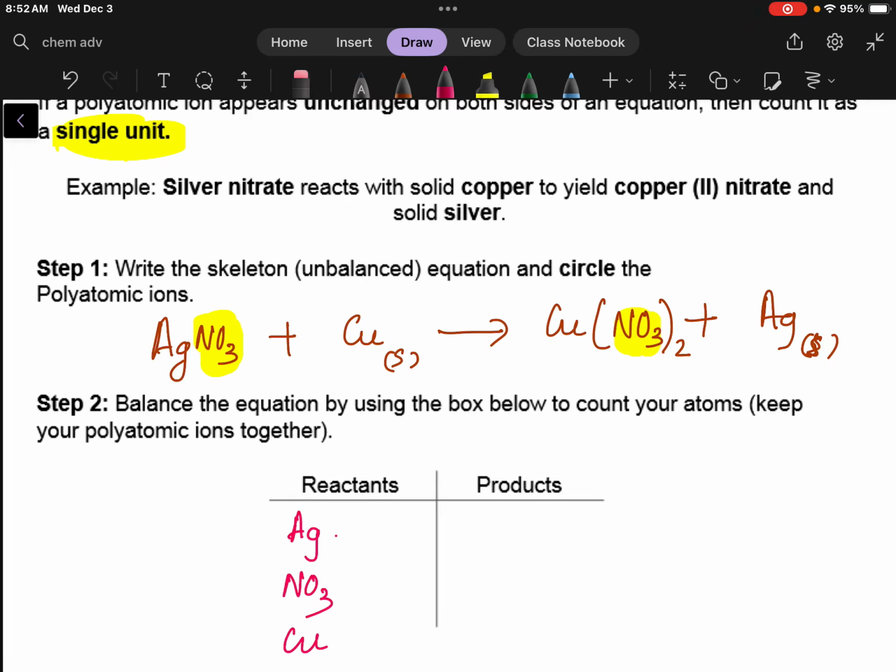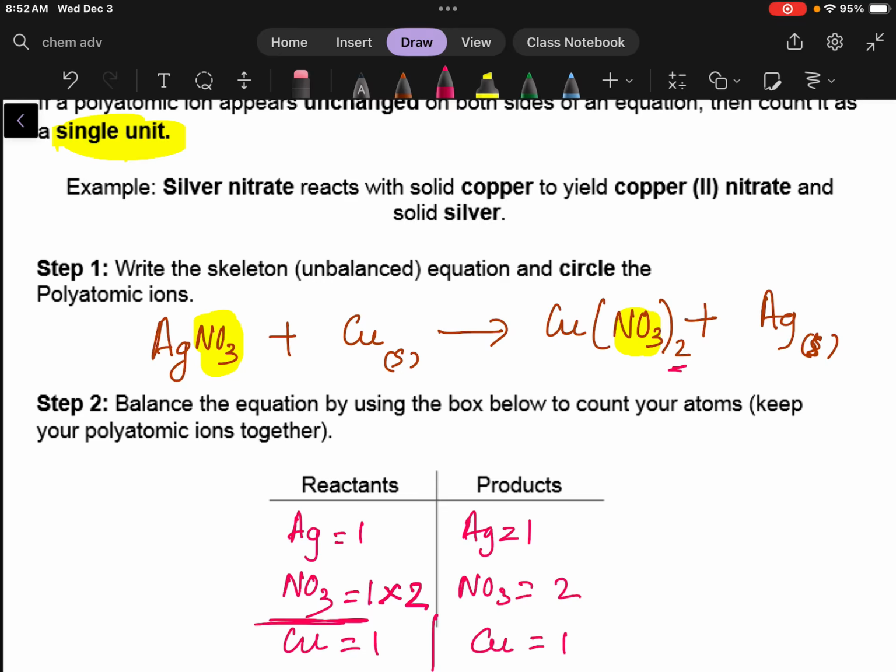Then Cu. Okay, let's find the atoms. Silver, one on the left, one on the right. Nitrate, how many? One, and no, this is just one, okay? NO3 is one thing. And here how many? Look at the number, 2. And copper is 1, copper is 1. So except nitrate, everything is balanced. So I will multiply whatever compound has nitrate with what? 2.